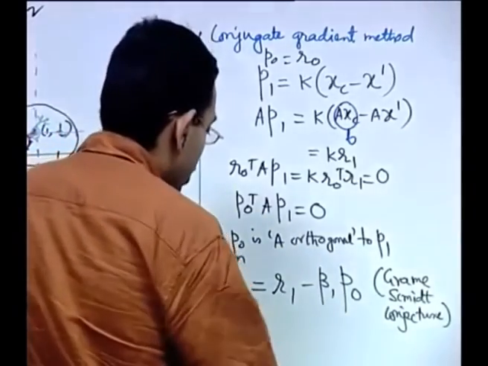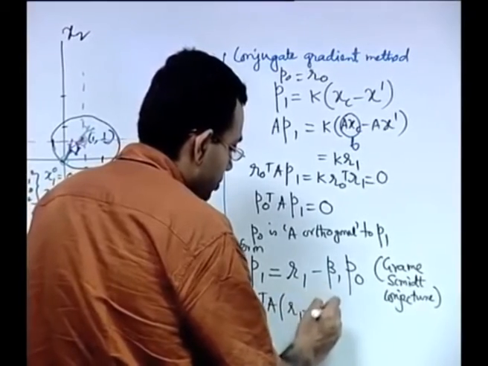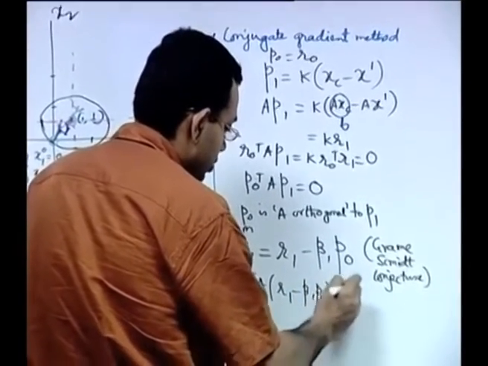So then p0 transpose A into r1 minus beta 1 p0 is equal to 0.